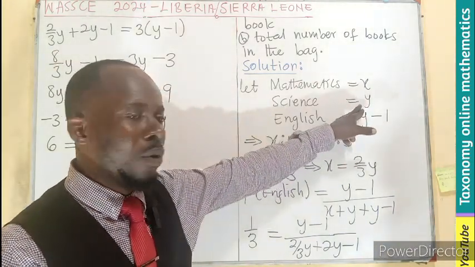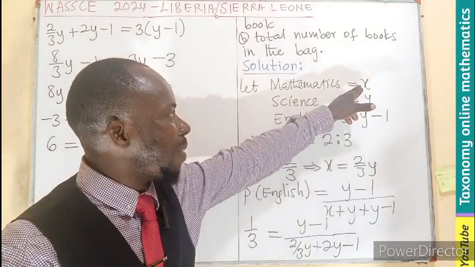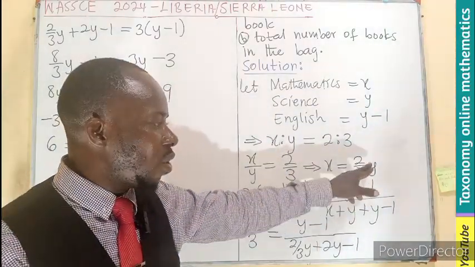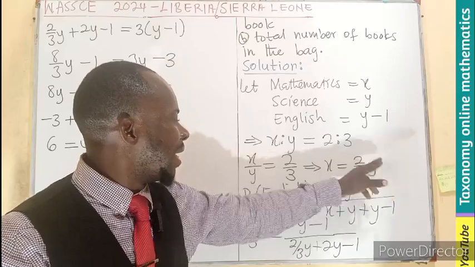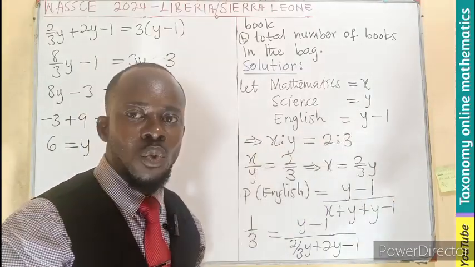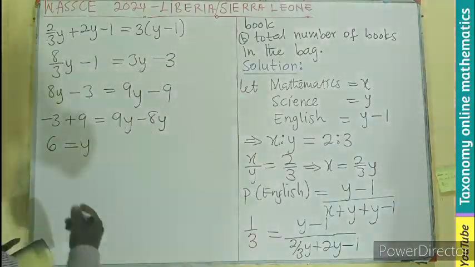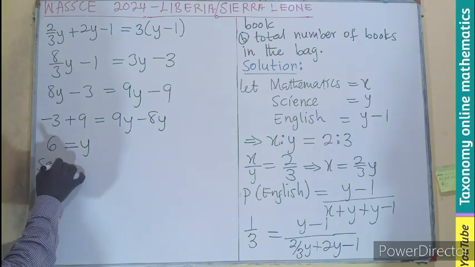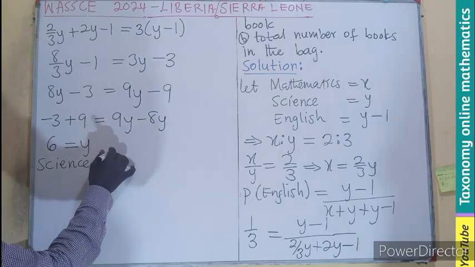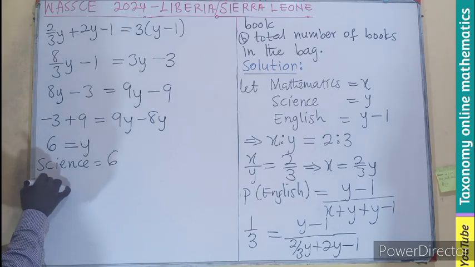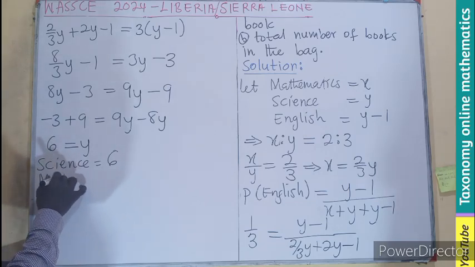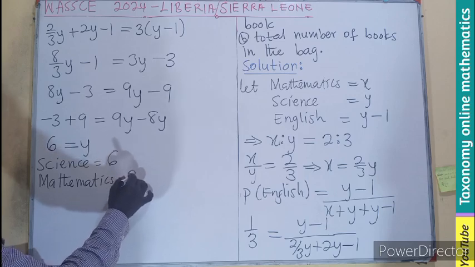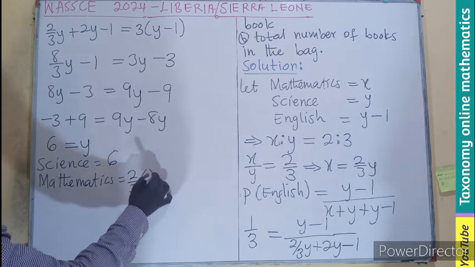So it means the science book will be 6. How about the mathematics book? It's going to be 2/3 of the 6. Then the English book is going to be 1 less than that. So the science book is going to be 6. Then mathematics is going to be 2/3 of 6.